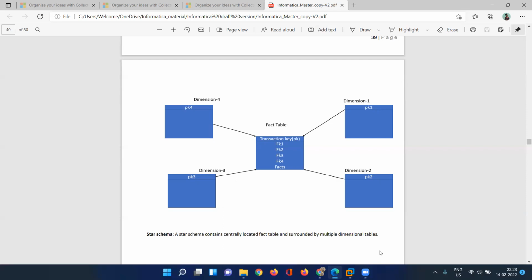All dimension tables have primary keys, but our fact table has the foreign key relationships. Once all dimensions are loaded with data, then we load into our fact table. It may be a daily load, weekly load, or monthly load, as per the business requirement.